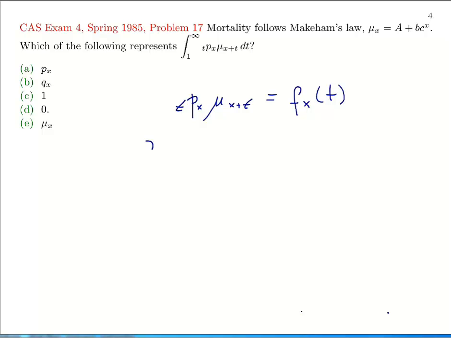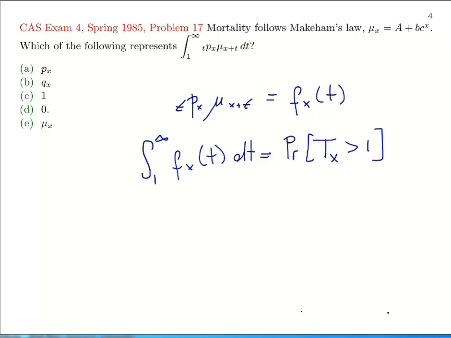So what they're asking you for is the value of this integral, but if we integrate the density from 1 to infinity, that means that we're just computing the probability that the random variable is greater than 1. In other words, we want the probability that an X-year-old survives 1 year. So it's choice A.